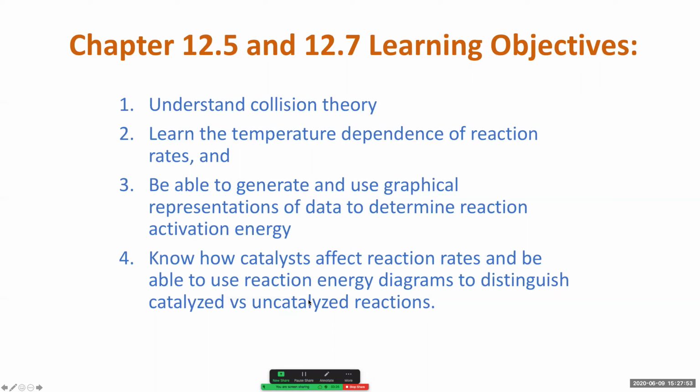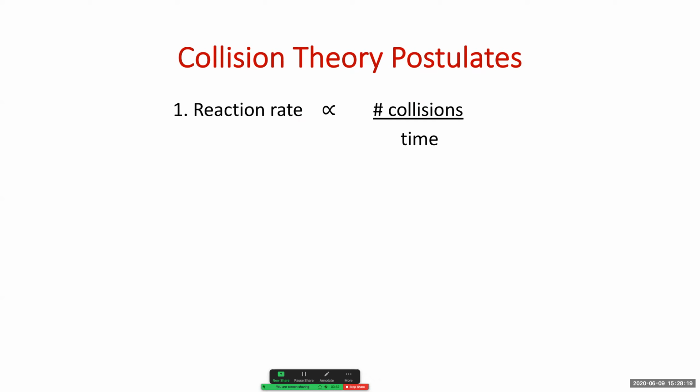So collision theory, there's three basic postulates. The first one has to do with that the reaction rate is proportional to the number of collisions in a given amount of time. So that's collisions between molecules or atoms. It's the collisions between the reactants in a chemical reaction.